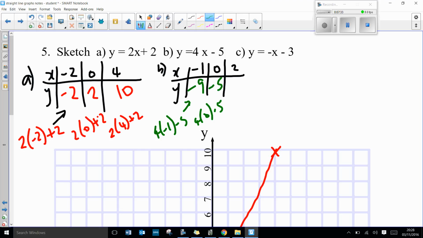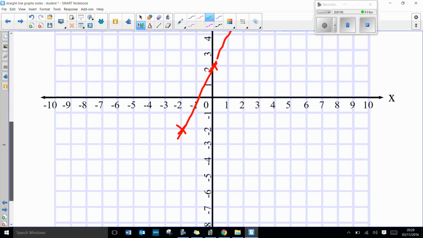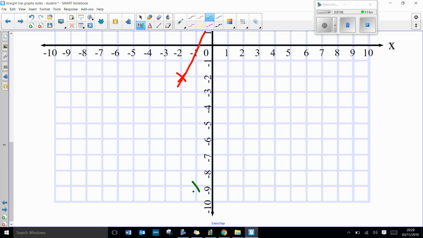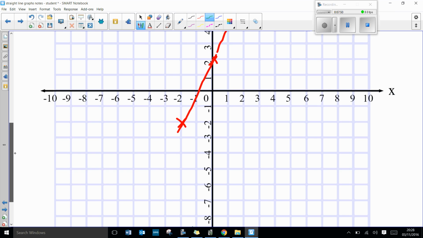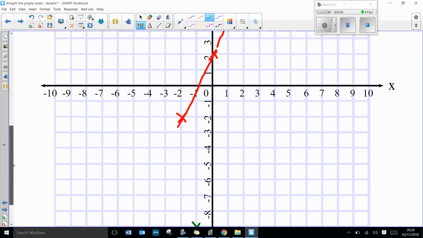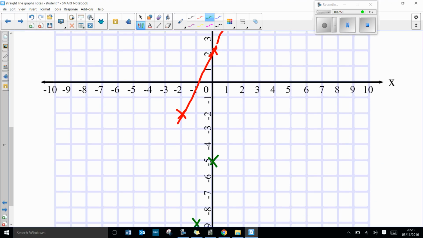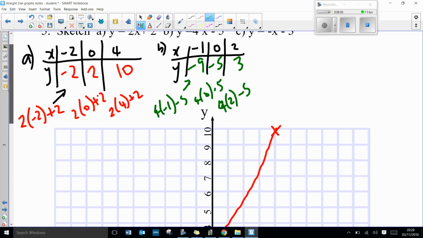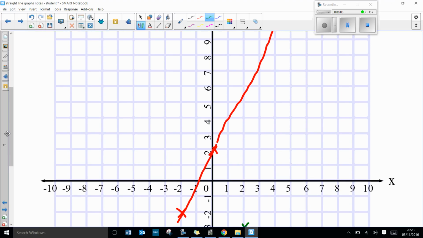And 4 lots of 2, take away 5 is 3. So we're plotting the coordinates negative 1, negative 9, 0, negative 5, and 2, 3. I apologise, it was 2, 3, not 2, negative 3.